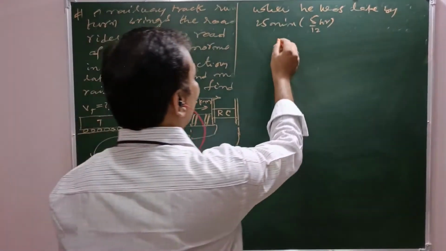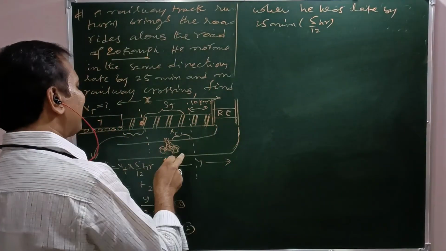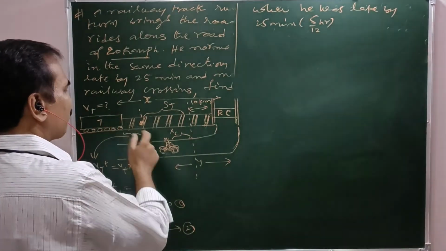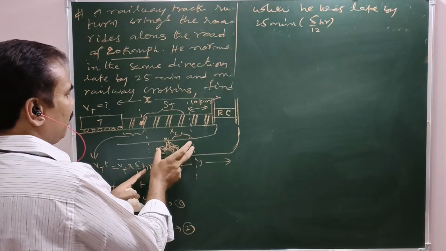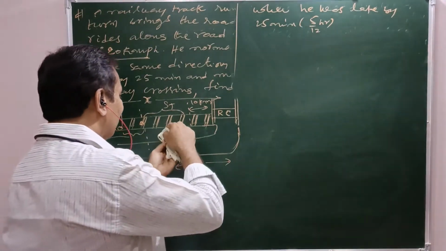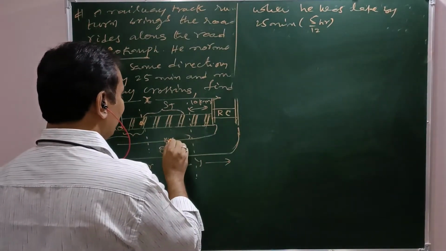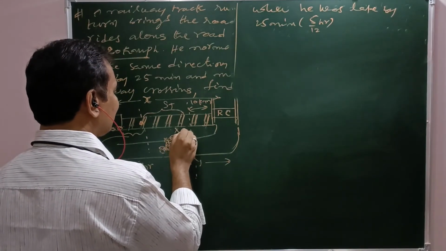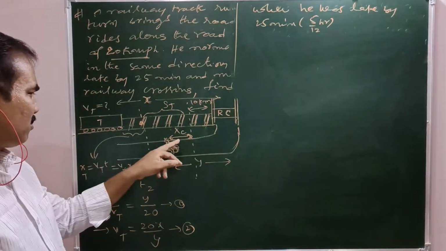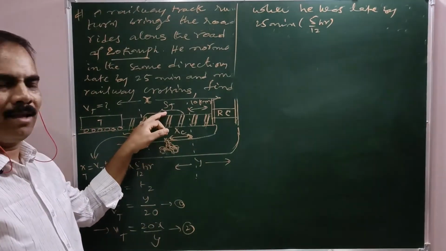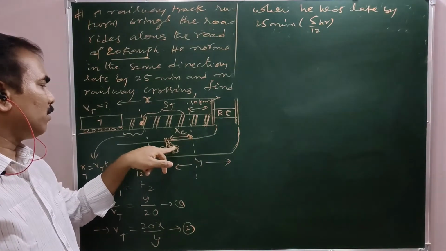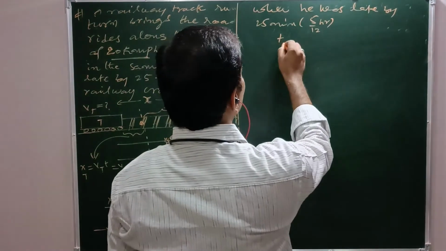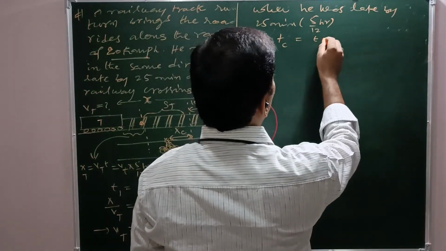The time taken to cover the distance of ST by the train is equal to the time taken to cover a distance of XC, from here to there, the distance covered by the cyclist. So the time taken in covering XC and ST by the cyclist and train is the same. That is T cyclist equal to T train.